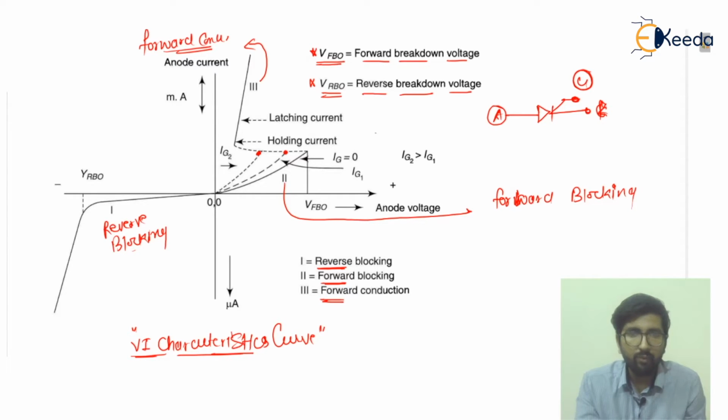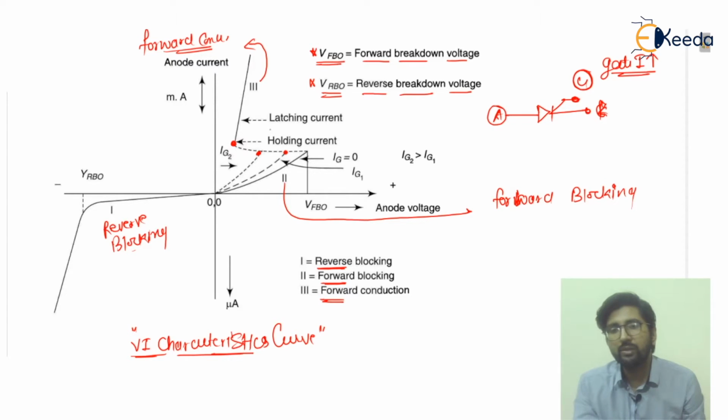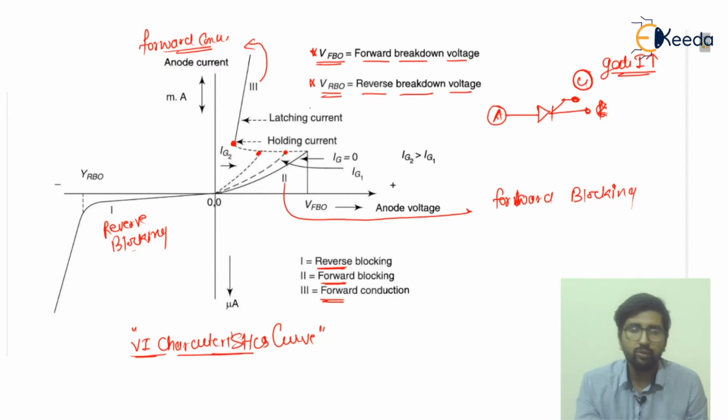As the gate current increases, this curve will move up to here, and when it reaches this point, it is the holding current. This is the minimum current; when it starts, it will move to the on state, and this is the latching current below which it will be in the off state. So this is the fundamental VI characteristic curve.